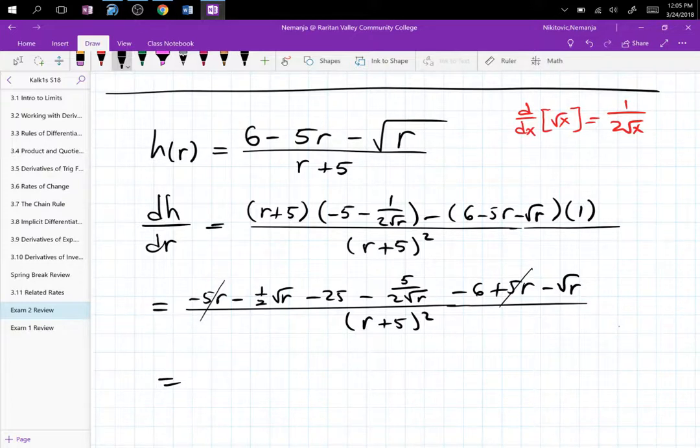Negative 1/2 and negative root R are going to give me negative 3/2 root R. And then I have minus 31, thank you, and minus 5 over 2 root R, divided by R plus 5 squared.